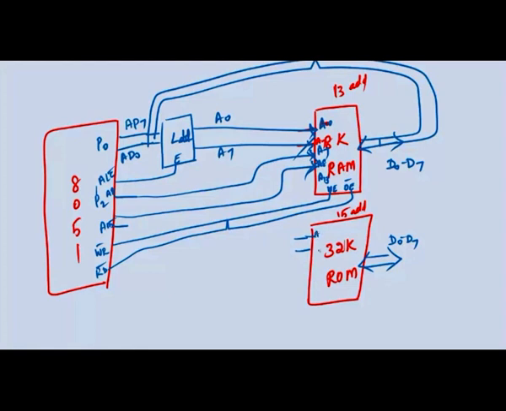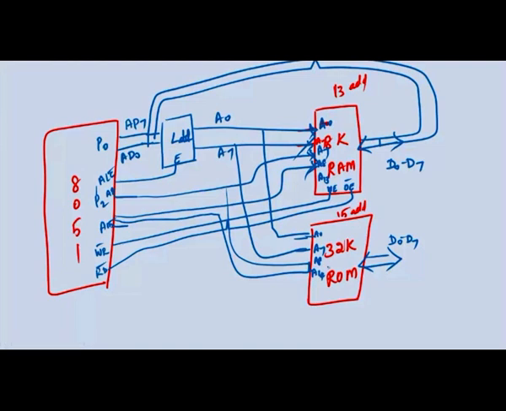A0 to A7 I get from after the latch, where the multiplexed signals are demultiplexed. Then A8 to A14, so totally 15 address lines are connected to the ROM.